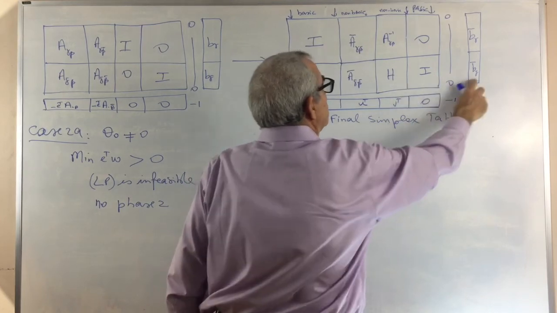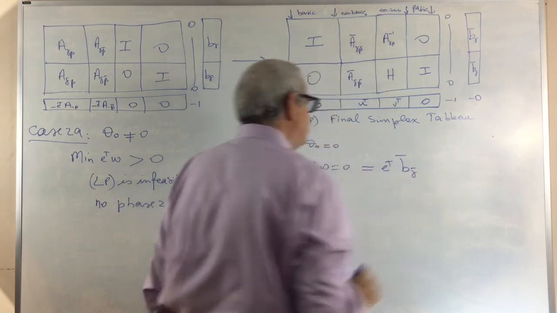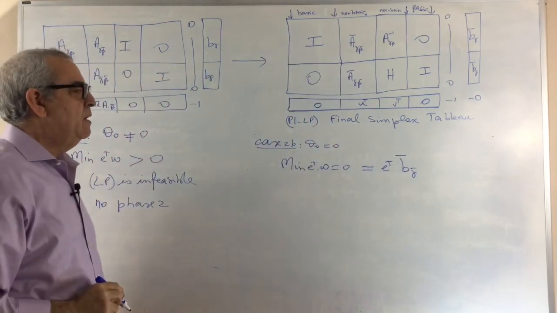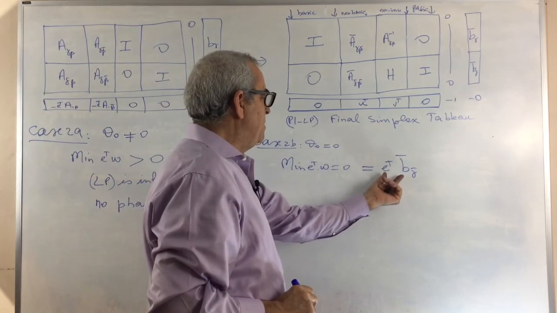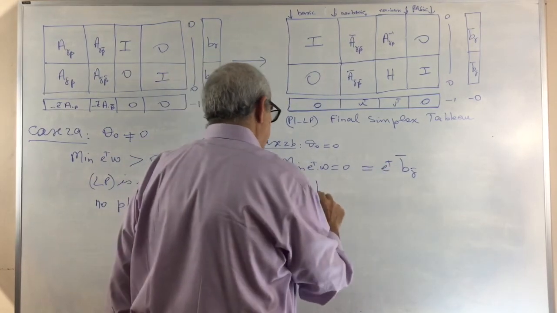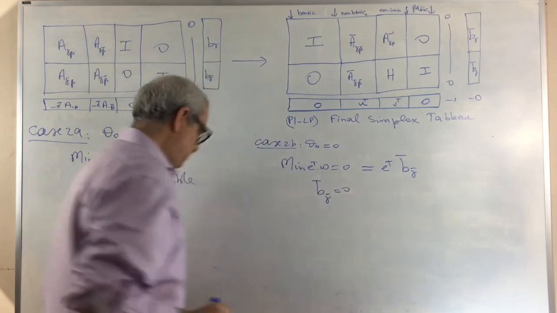So these basic variables are going to go to B bar of gamma bar. But remember, B bar is greater or equal to 0, and here the sum of the terms is 0. So this means that B bar of gamma bar is equal to 0.